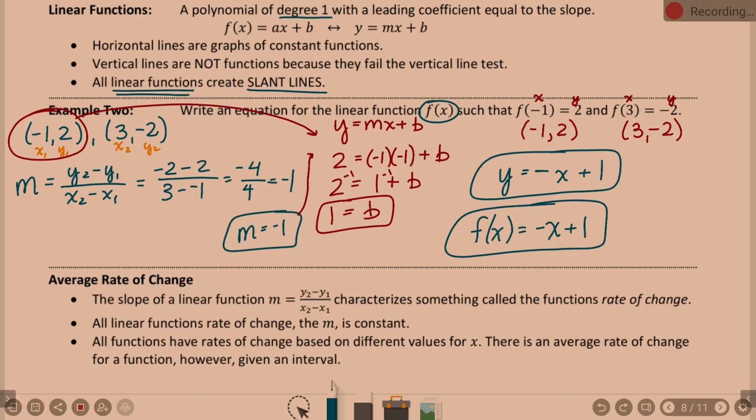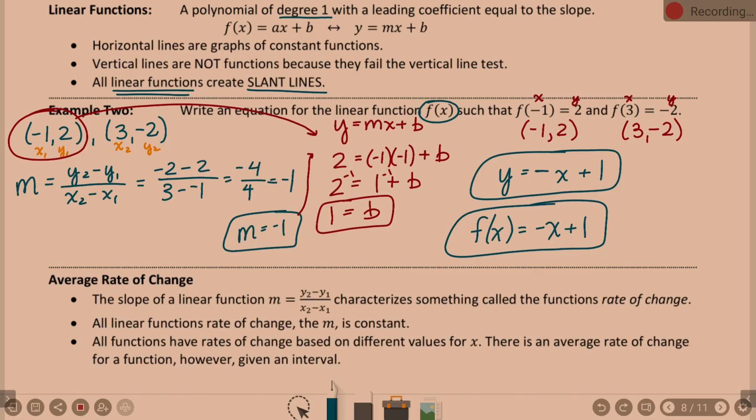Before I flip to the back side, average rate of change. Okay? Average rate of change is a fancy way for saying slope. So the slope of a linear function, which we just talked about, m equals y2 minus y1 over x2 minus x1, characterizes something called the function's rate of change.